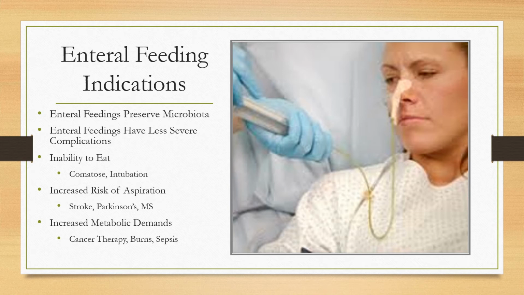And you'll see images of all of them. It just means that we're still using the gastrointestinal tract because it's fully functional. And when we're feeding a patient, it's definitely beneficial to provide feedings by using the gastrointestinal tract, because that's how we're made. The gastrointestinal tract is meant to be used.